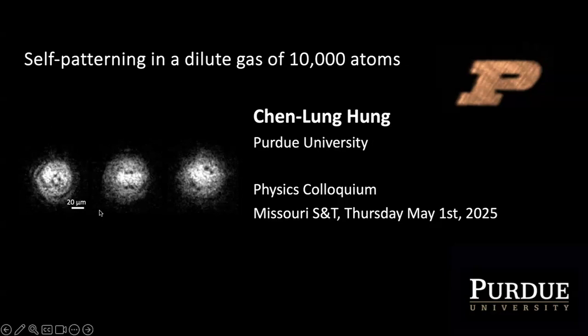So these are sample images, 3 different images coming individually from a group of atoms on the order of 10,000 atoms. You see the brighter ones, that means density distribution. You have higher density in the middle, and black means no density.